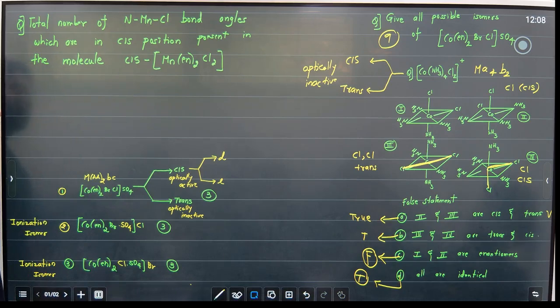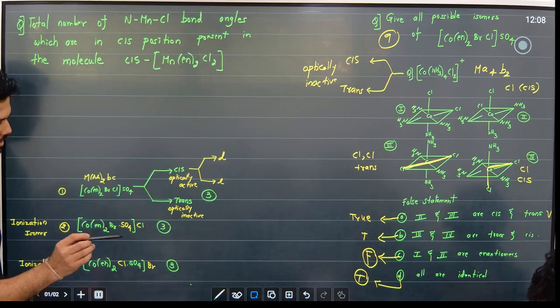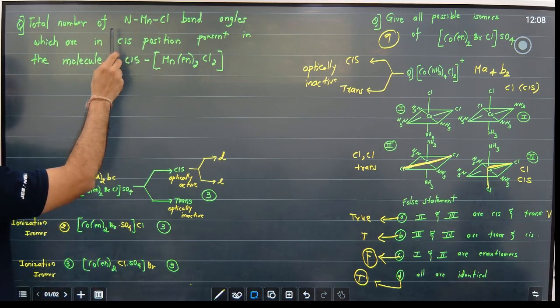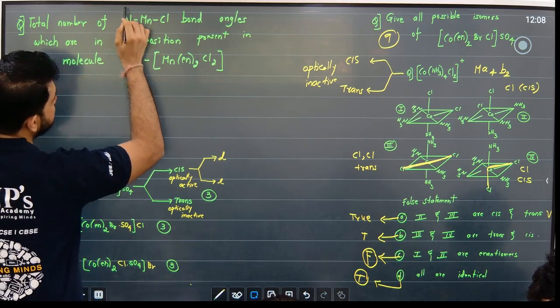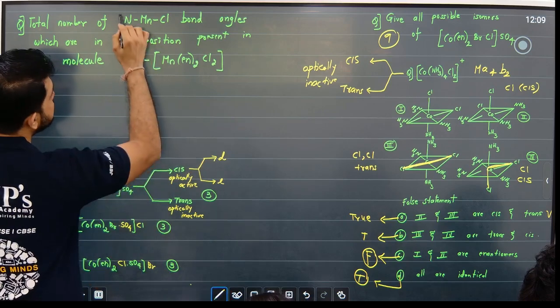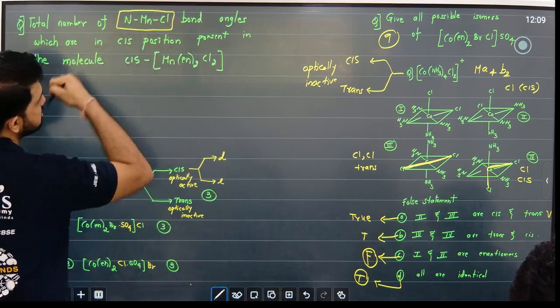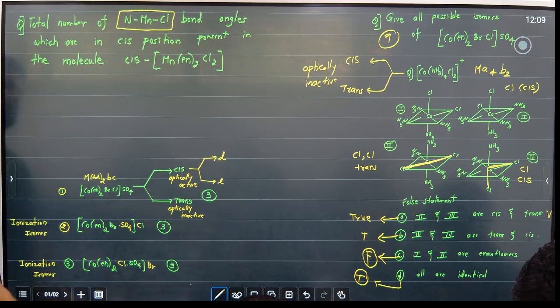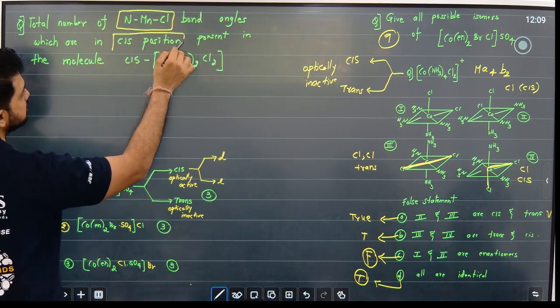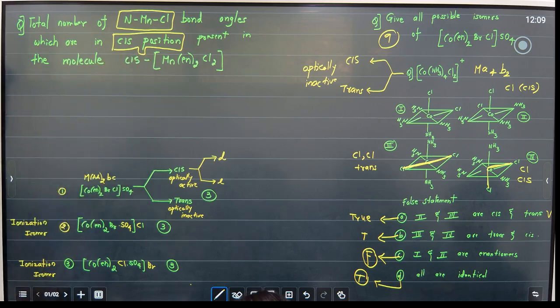Now let's look at the next question. I want you people to do it. I'll give you the structure. The total number of N, Mn and Cl bond angles present in the cis-[Mn(en)2Cl2] molecule.